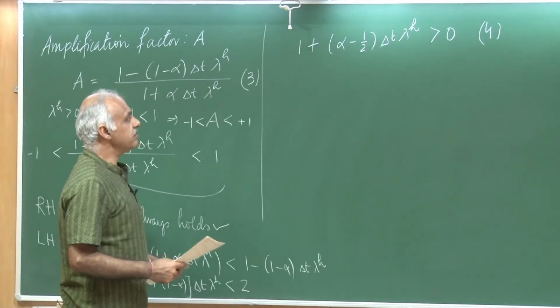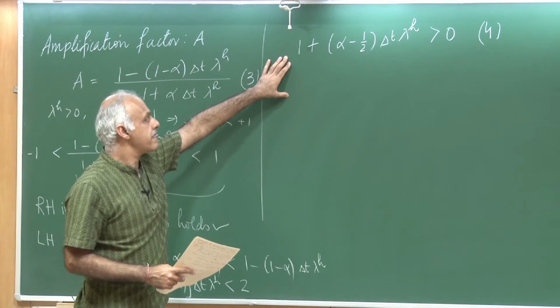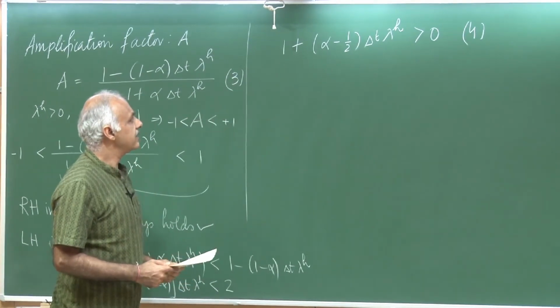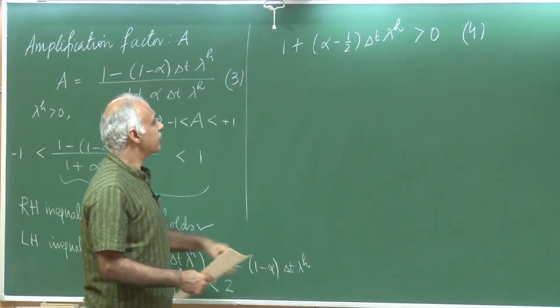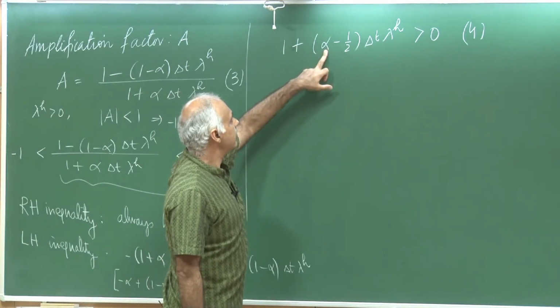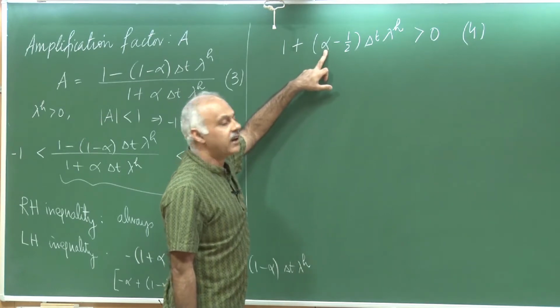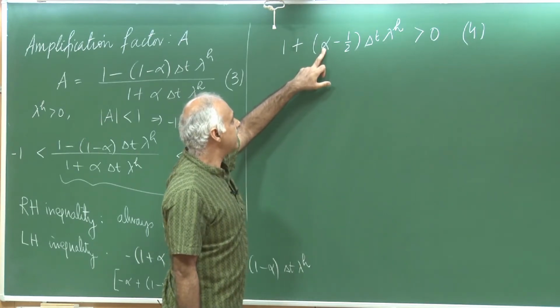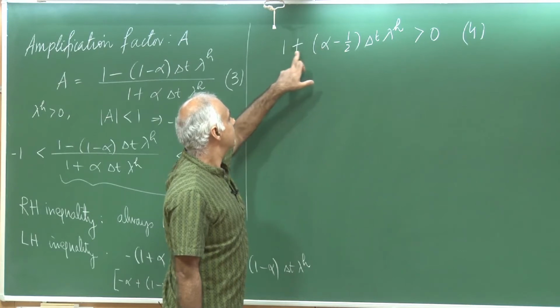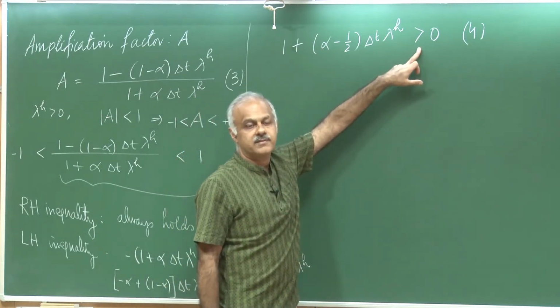All right. So, this must be satisfied for stability, and what we can notice from this equation is that for values of alpha equal to or greater than half. So, if alpha is exactly equal to half, then I get 1 here and the inequality holds.